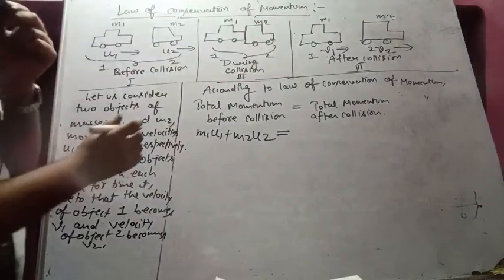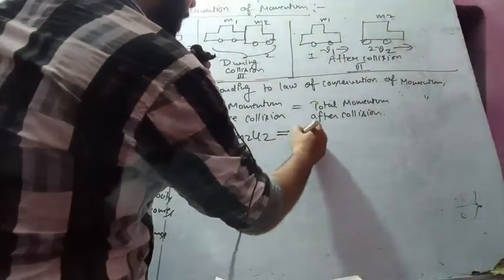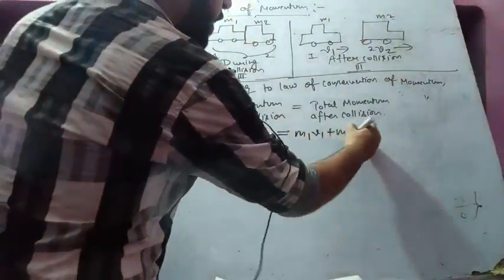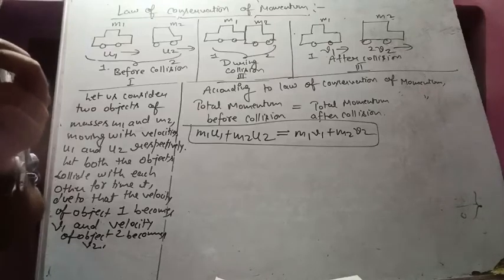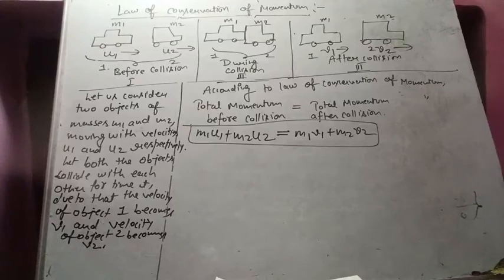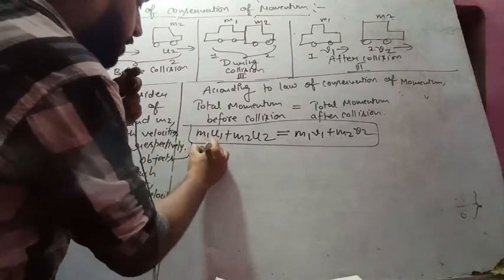What will be the total momentum after collision? m1 v1 plus m2 v2. Is it clear? The statement should be clear. Now students, we are going to prove this. So let us come to the proof.